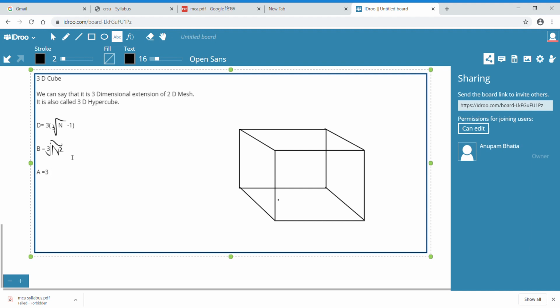It means we need to delete at least 3 nodes to divide this particular cube into 2 different networks.